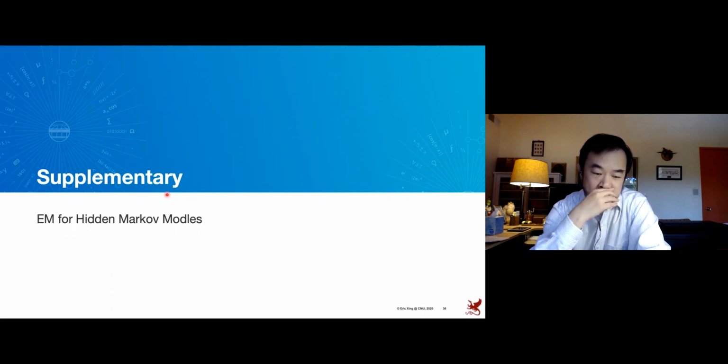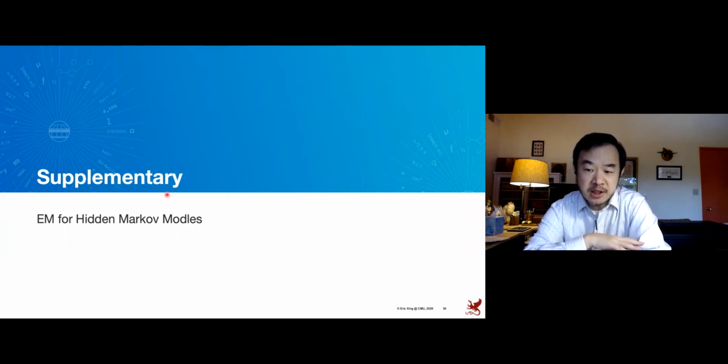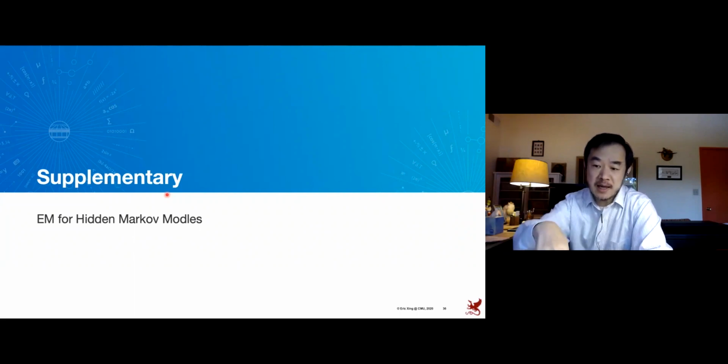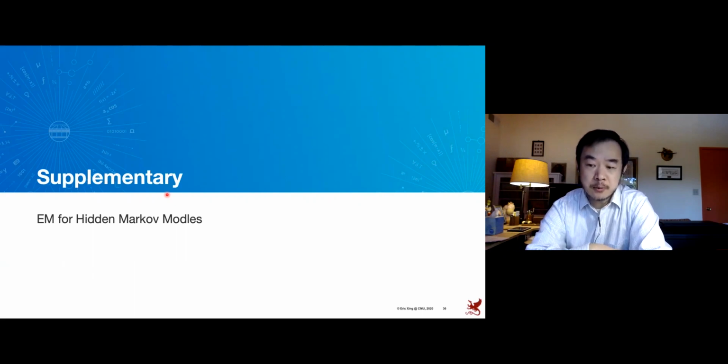That's why I said in the earlier QA, EM is a very generic procedure. In fact, the current neural network forward pass and backward pass of neural network training can also be understood as a variant of the EM algorithm. You are basically performing E and M in an alternating fashion.